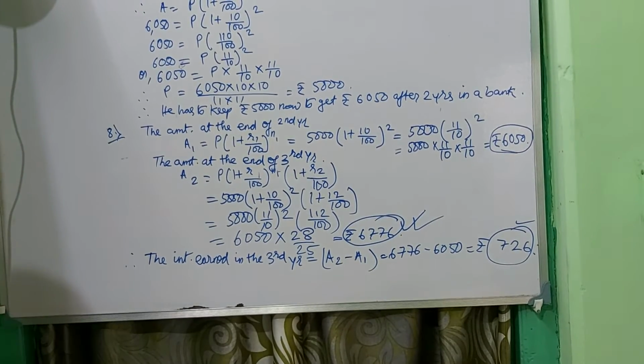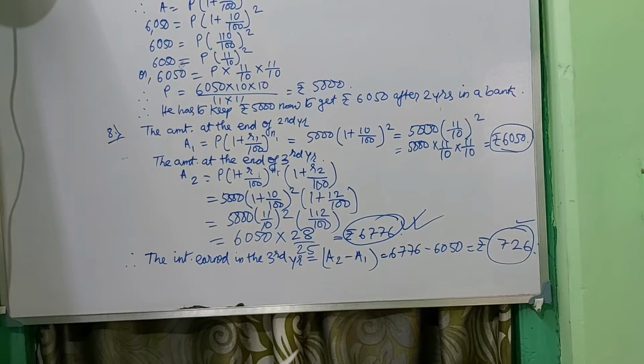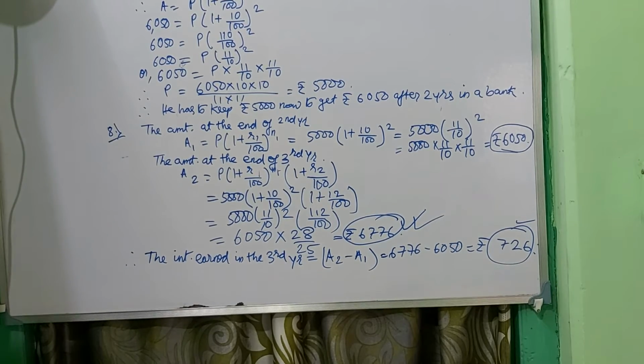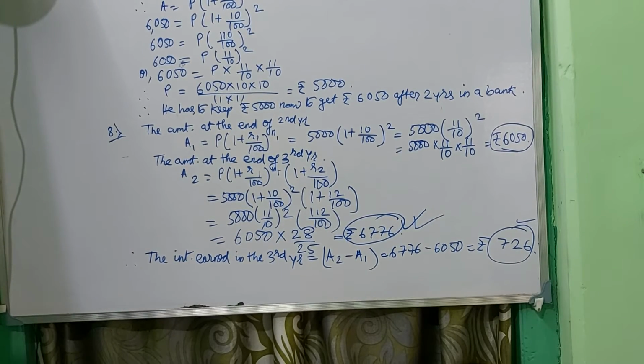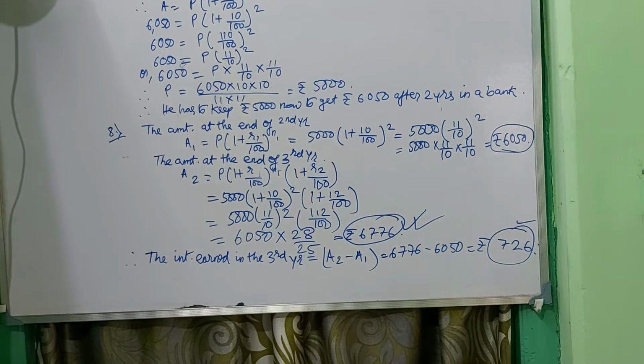Now today I'll start with the fresh sums, which is sum number 9 in the example. What it says is that a person took a loan of rupees 12,500 for 2.5 years at 8% compound interest compounded annually. Means he took a loan of 12,500.